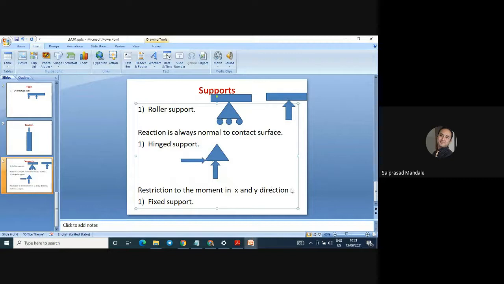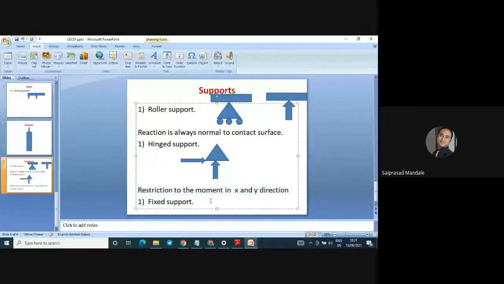This will be clear to you during the numericals. Right now, try to understand: hinge support stands for two different types of supports acting on the beam, which prevent the beam from producing movement in x and y direction. That's it.